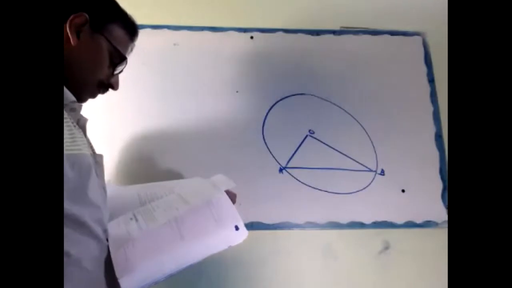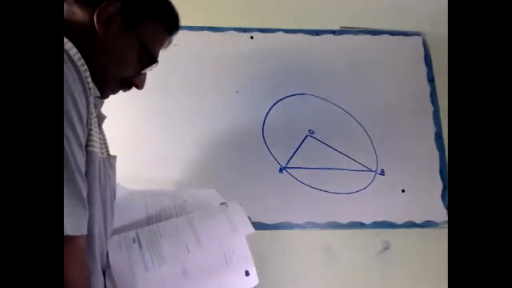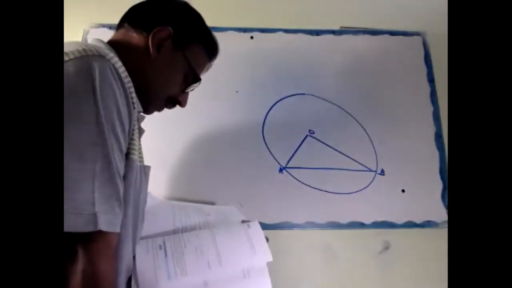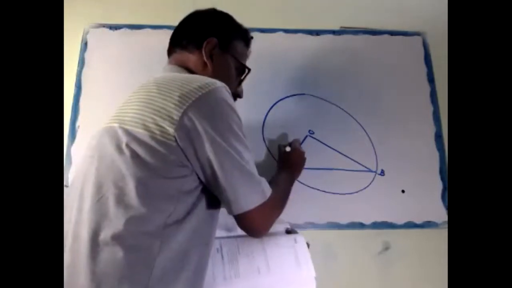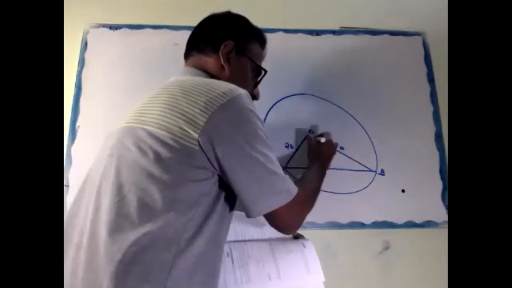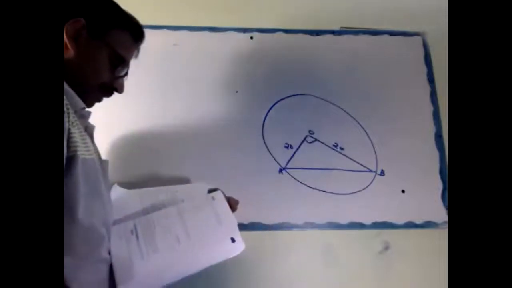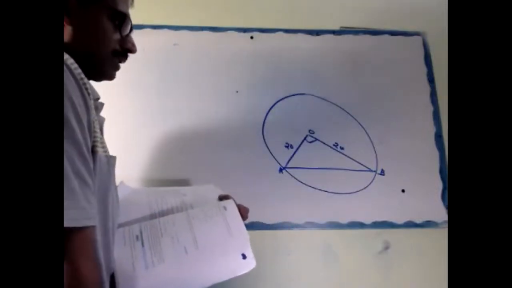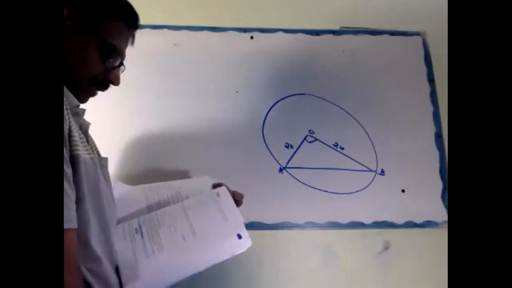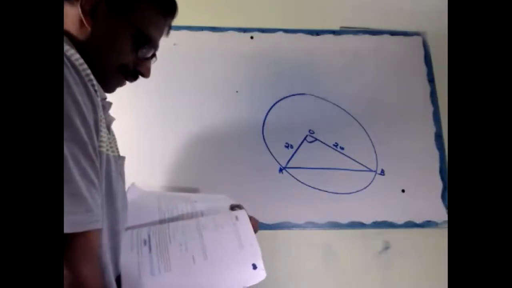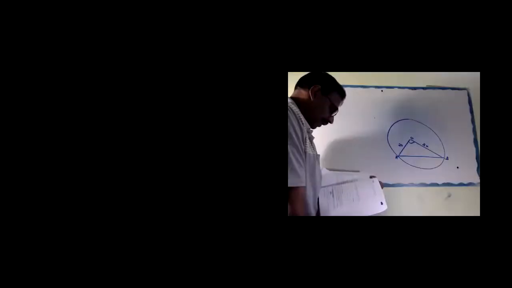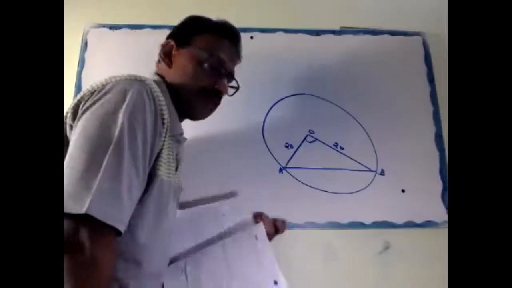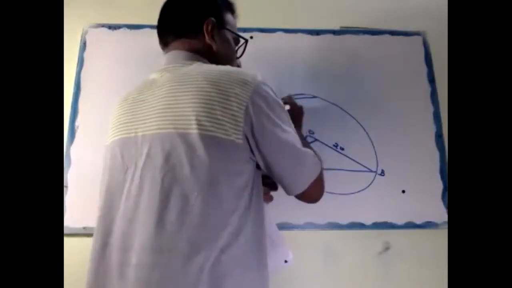Question again. A chord of a circle of radius 20 centimeter. This one 20, this also 20, this 90. Subtends an angle of 90 degree at the center. Find the area of the corresponding major segment.